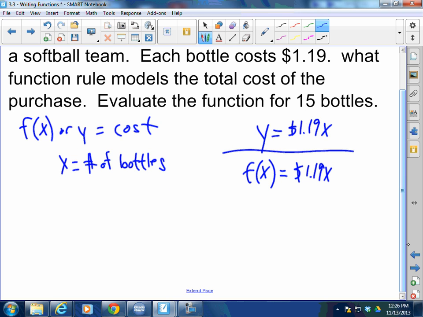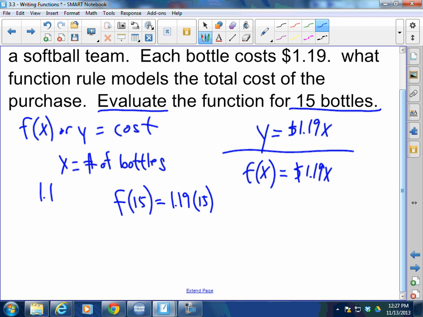And how do I find the value of purchasing 15 bottles? How do I evaluate the function for 15 bottles? You replace x with 15 and plug it in. Very good. So that's going to equal 1.19 times 15.